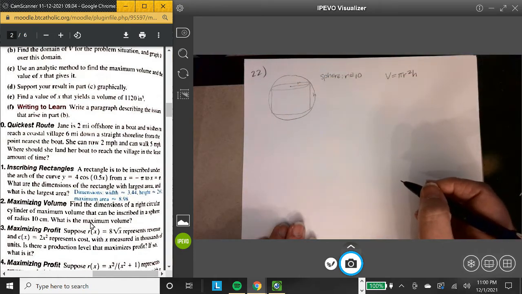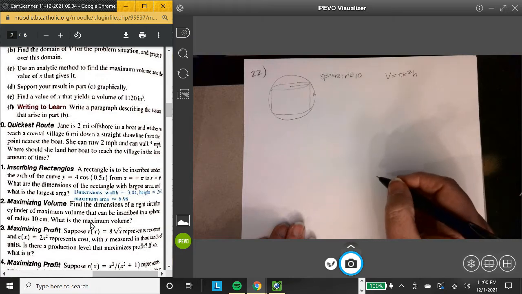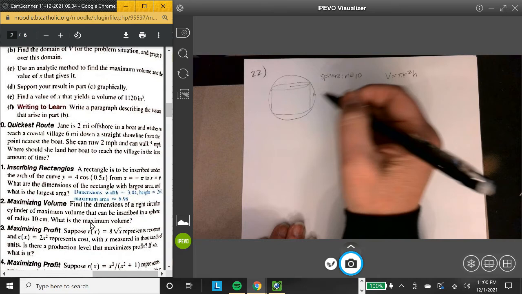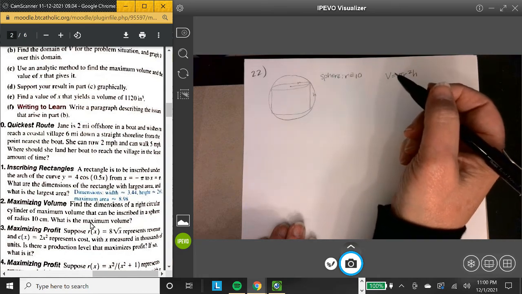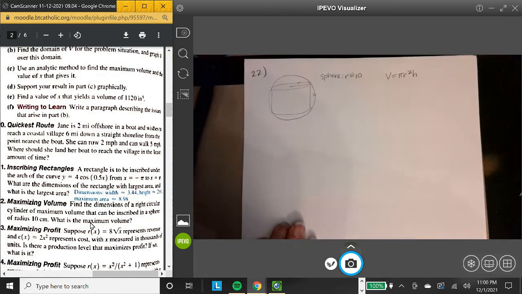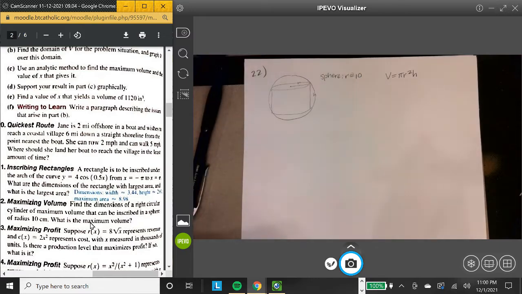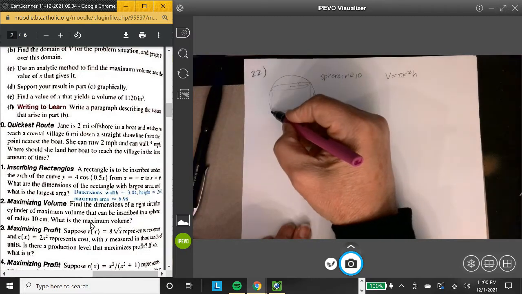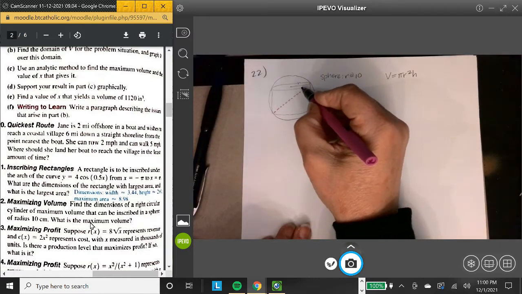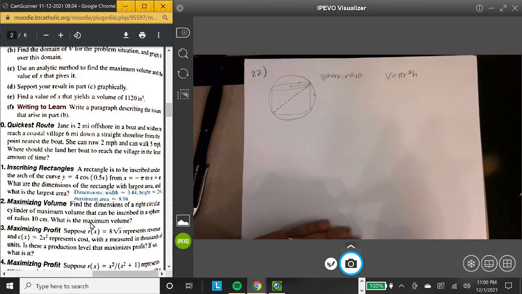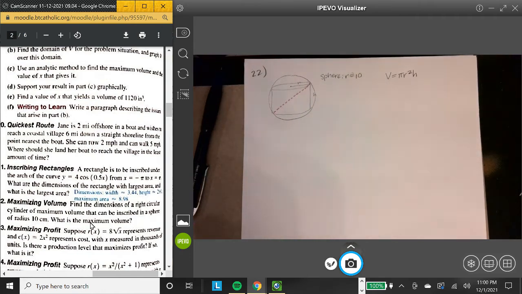Okay, now they gave us the sphere radius of 10. So I want you to please think of a way that I could somehow use the radius. Well, guess what, folks? We're going to have to use the diameter to help us out here. So I'm going to suggest to you that inside the cylinder, there's a diameter. Okay?